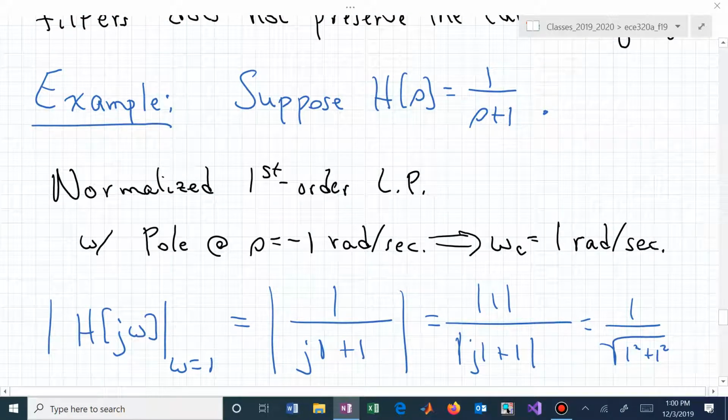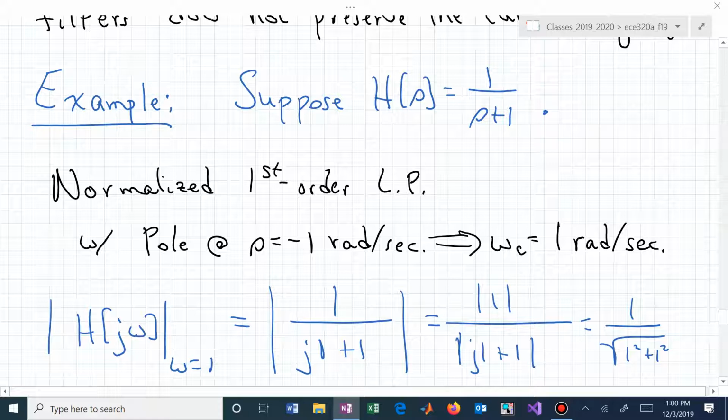We can evaluate its absolute magnitude, which is the magnitude of H of S with S replaced with j omega and evaluated at omega equal 1. We're simply walking up the imaginary axis.